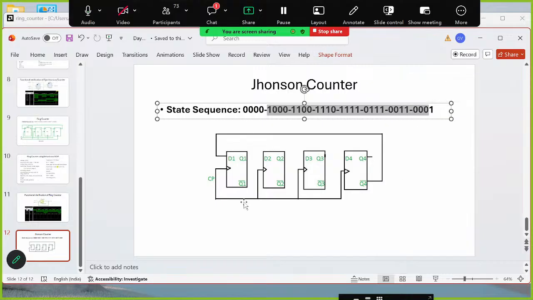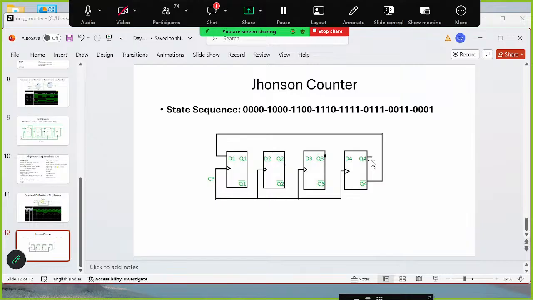So rather than resetting it at this side, what we have done is that the last flip flop's Q bar output we are taking as an input, and we are getting the rest of the output from here itself. This is Q1, Q2, Q3, and Q4.